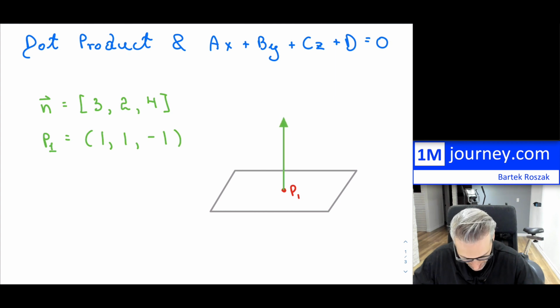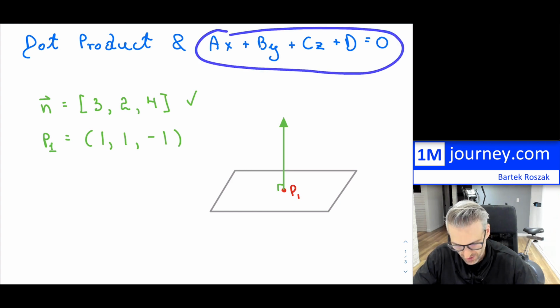I'm going to draw it up, although it's clearly not up because it's (3, 2, 4), so that's the vector. Now we know that this is perpendicular to the plane, and we want to find this particular equation. So this is what we want to find.